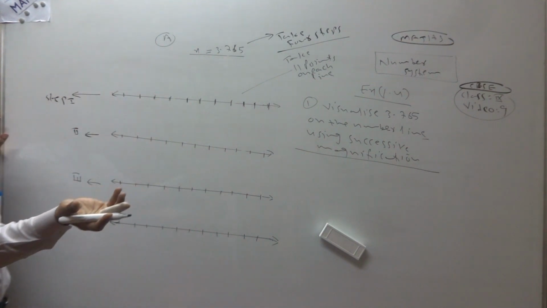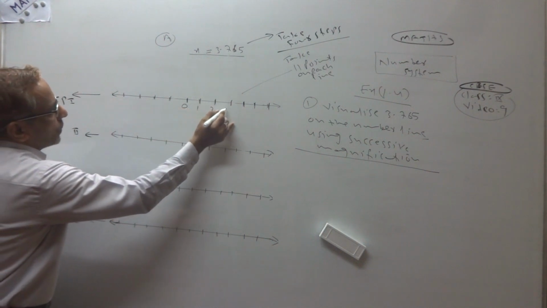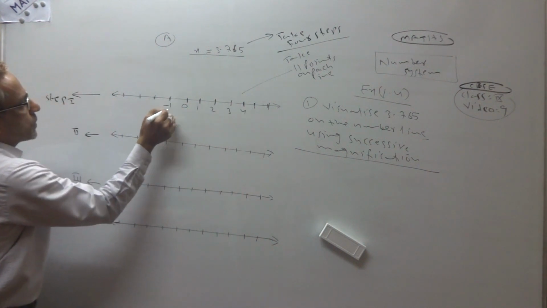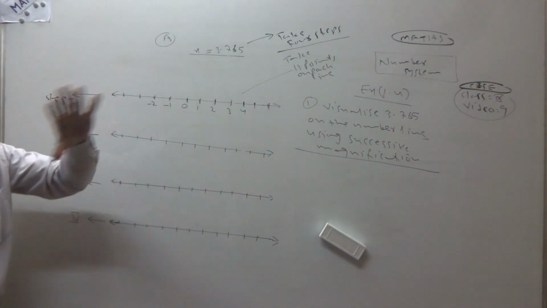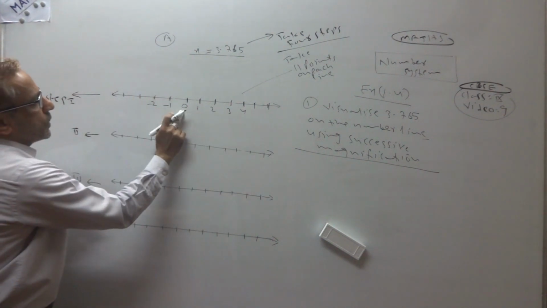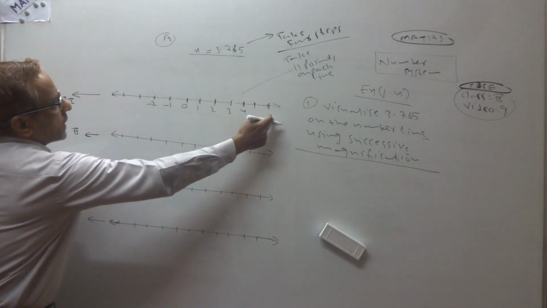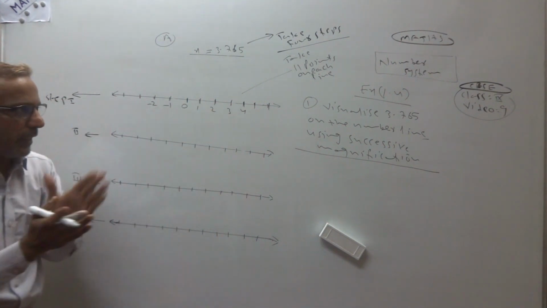Each line is a number line. First you take like this: 0, 1, 2, 3, 4, minus 1, minus 2. Don't mark everything. You just mark the number line 0, 1, 2, 3, 4, 5, 6, minus 1, minus 2, minus 3, minus 4, whatever is possible. Finished.